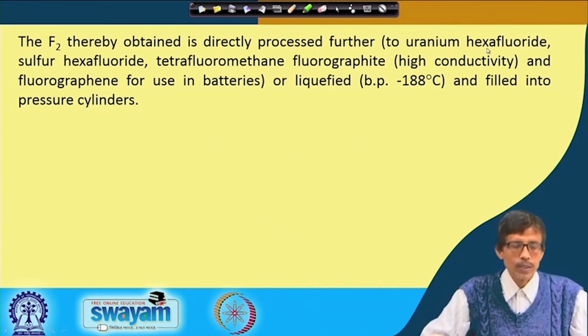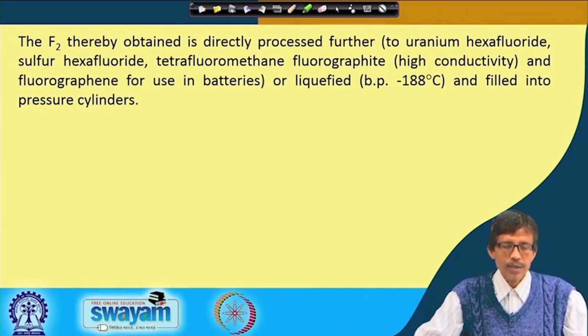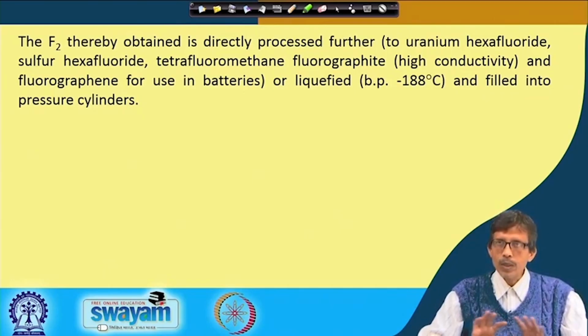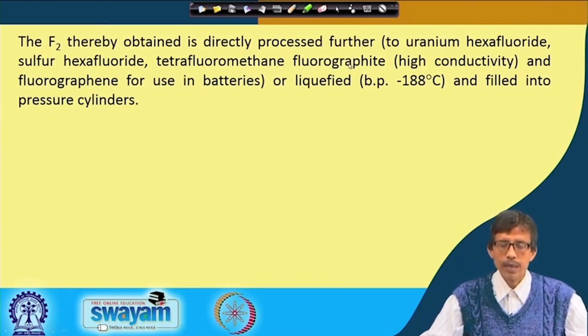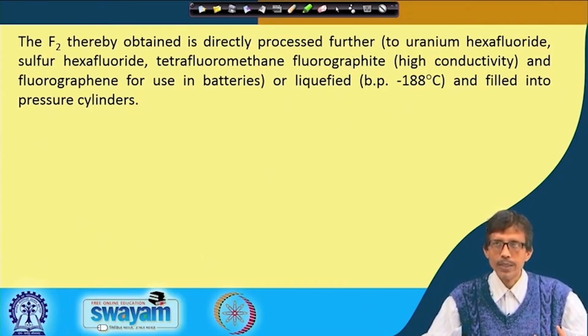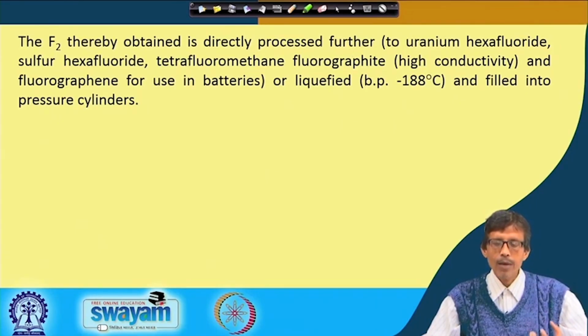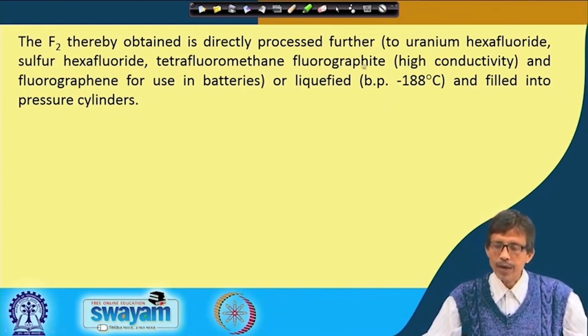Just now I told you that you can make UF6, or sulfur hexafluoride SF6, tetrafluoromethane, where all the hydrogen atoms of methane are substituted by fluorine, or fluorographite. So, one good material is the modification of graphite, because graphite is only a carbon containing material, but if you have some amount of fluorine in it, it can become the fluorographite type of thing.